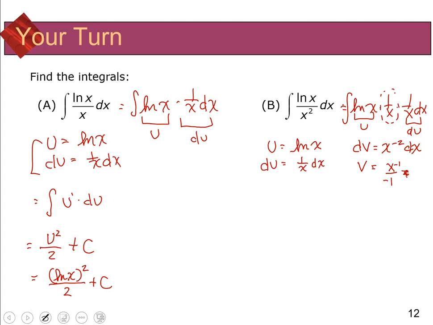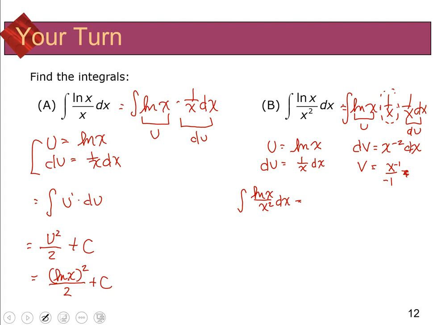So now I'm going to do the integration by parts formula. So do the formula, and what do you get when you apply the formula for integration by parts? When you apply the formula, you're going to have basically a negative 1 over x times the natural log of x.